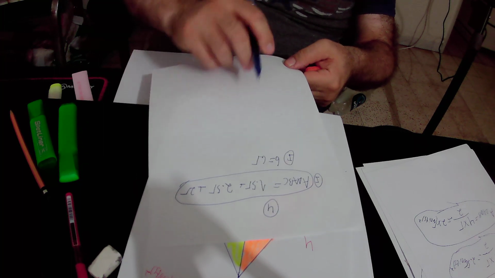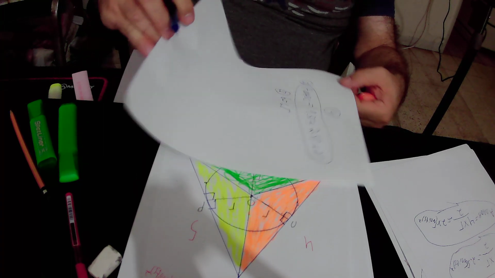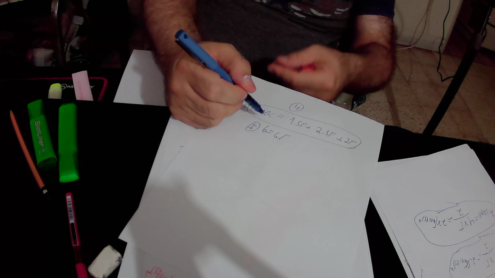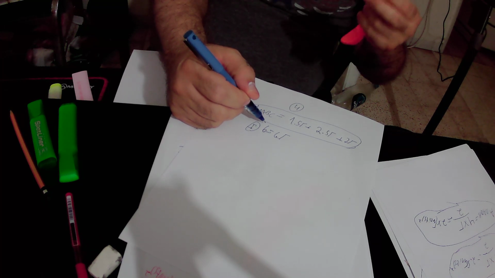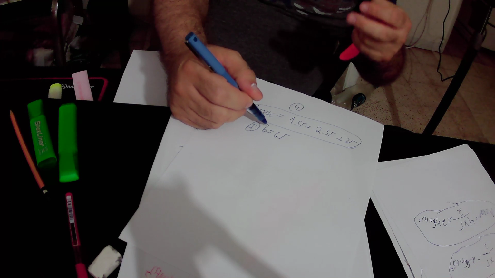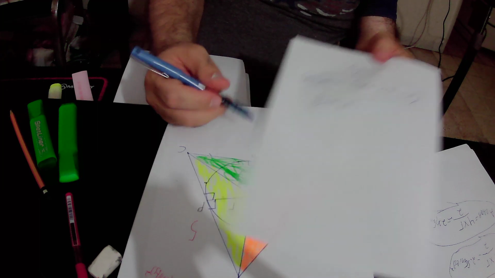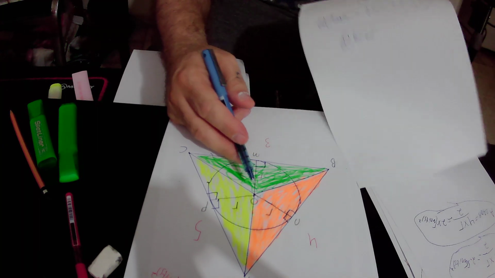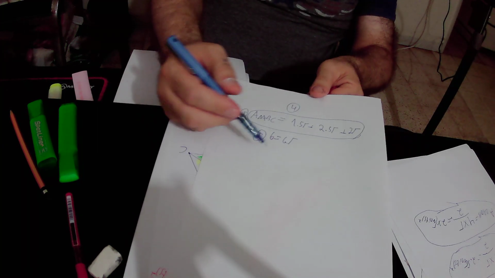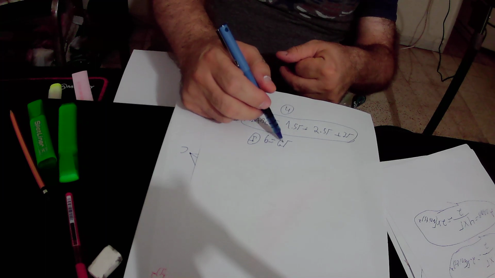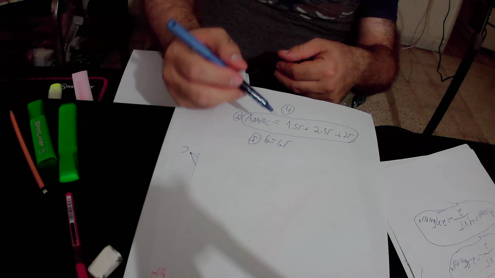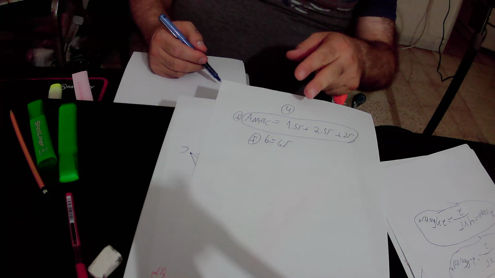So in equation number 1, we got that the area of triangle ABC, the big triangle, is 6 units squared, and it equals the sum of the areas of the green triangle, the yellow triangle, and the orange triangle. In total they equal 6 times r units squared. So we can divide the equation by 6.